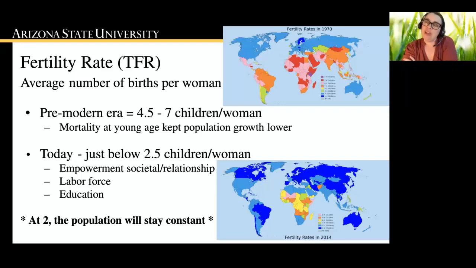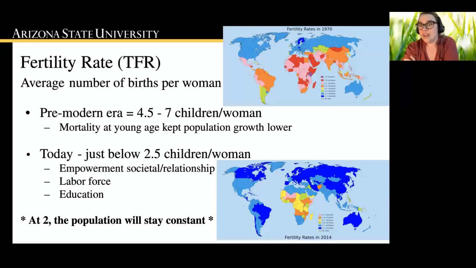So when we look at this compared to today, northern parts of North America, the eastern part and very western southern edge of South America, Australia, and most of Europe and Asia are around 1 to 2 children per woman. All of the light blue is going to be about 2 to 3 children.